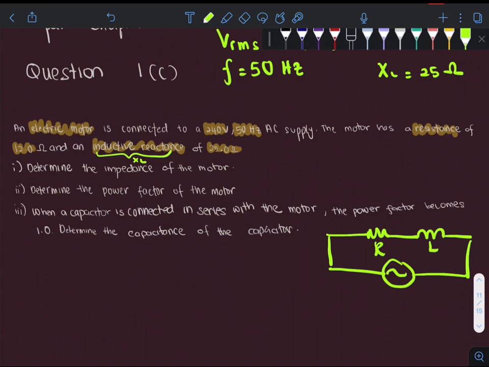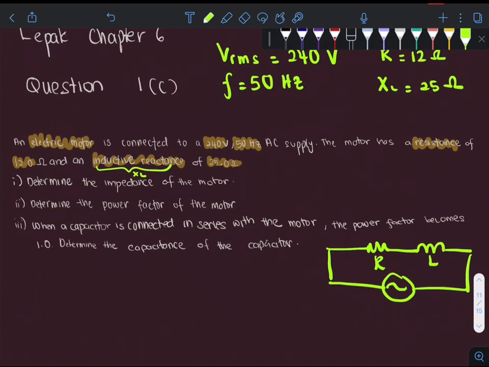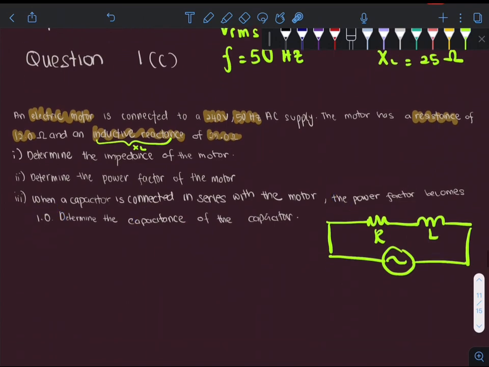So this is what we have here. The question asks us to find the impedance, power factor, and also gives us a situation where if we add a capacitor to the motor, the power factor becomes 1. Therefore, what would the value of capacitance be?